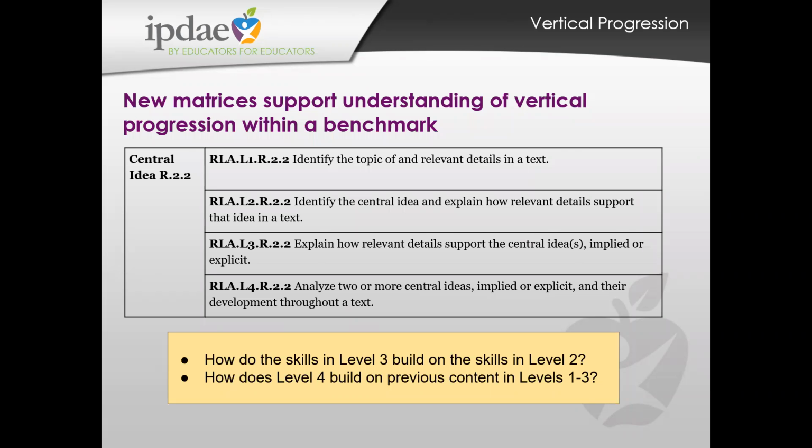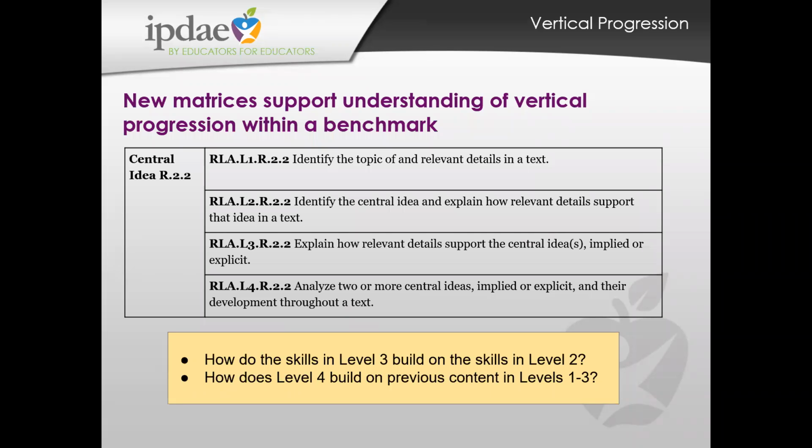And then same thing, notice in level 4. Students are going to need to navigate a text that has at least 2 central ideas. So again, increasing complexity of text, and those ideas may be implied. We're not just thinking about how the details support the central idea, we're also digging into a deeper level of analysis around craft and structure, in relation to how the author is utilizing those details strategically throughout a text in order to develop the central idea.